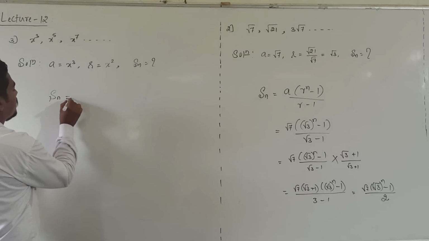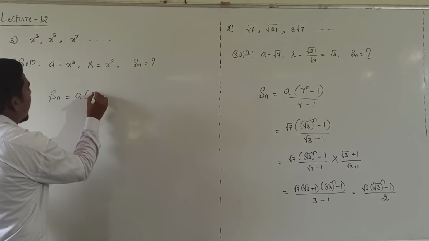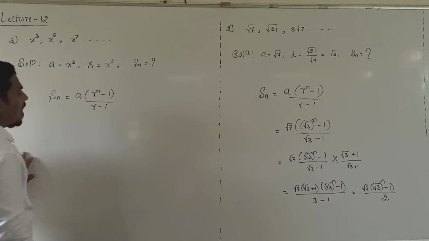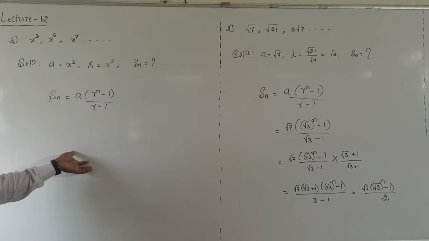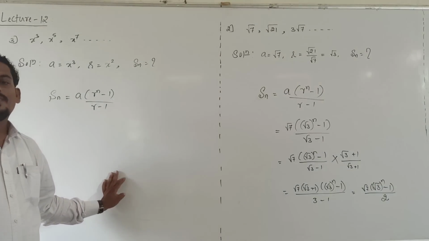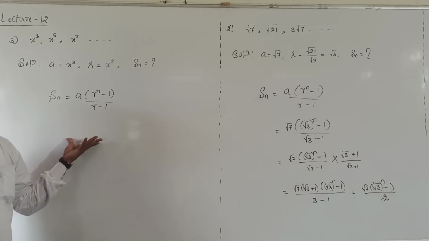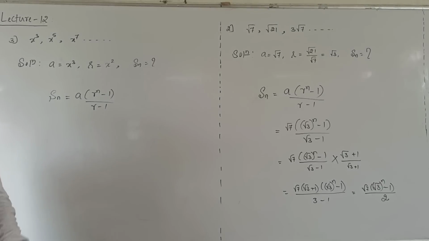Sn equal to a into r power n minus 1 divided by r minus 1, or else you can use one more formula, that is a into 1 minus r power n divided by 1 minus r.